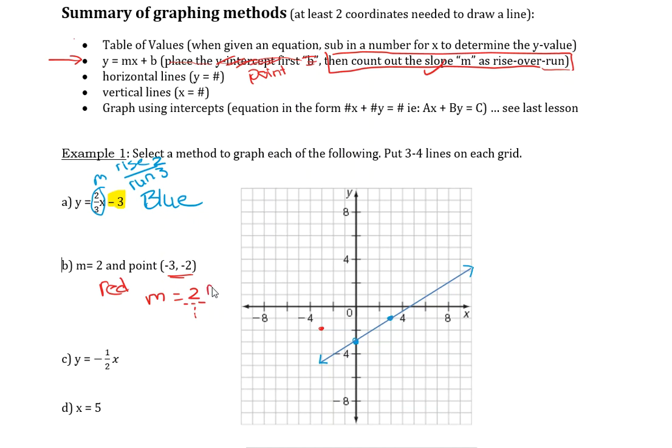So the first number is your rise, and your bottom number is your run. You never run 0, well, not right now. So we're going to rise 2 from my point, -3, -2, and run 1. Put another dot there, and then draw the line.